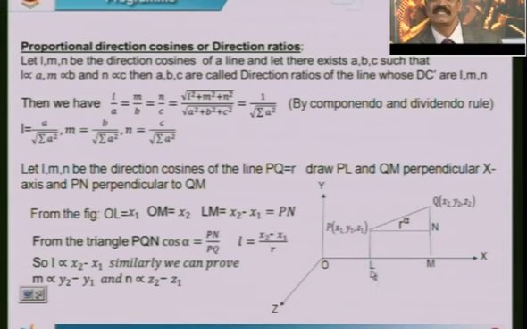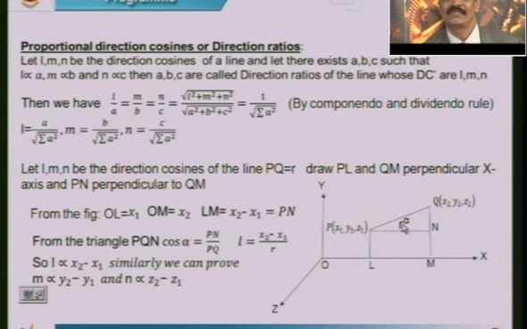Then this LM is going to be PN, and this angle is alpha by the definition of L, M, N, and this distance PQ is R. I have taken it very clearly: PQ is R. Then this LM is nothing but this PN. So I am going to calculate this PN, that is LM.